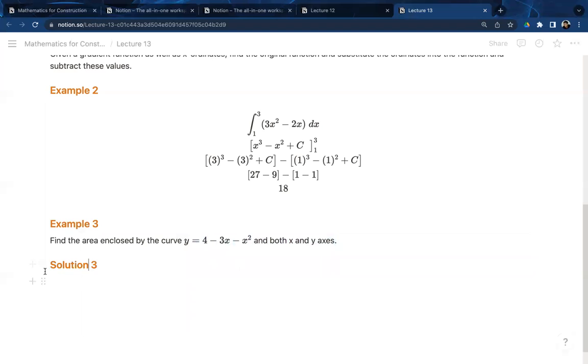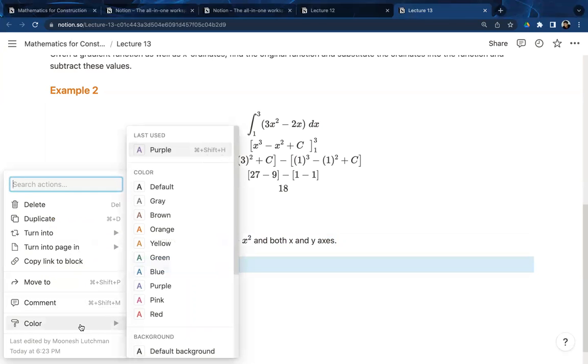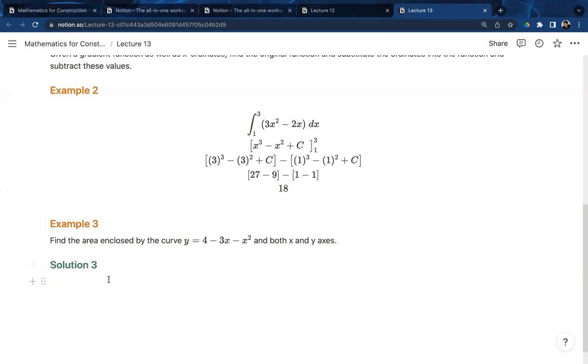So solution 3. You need to sketch a curve. It's a quadratic.